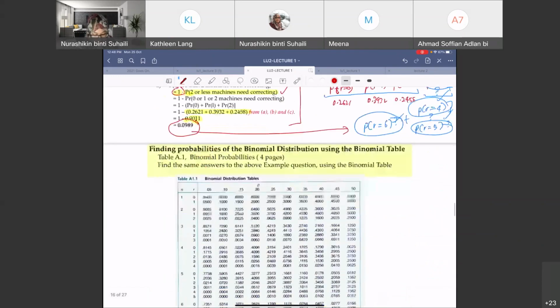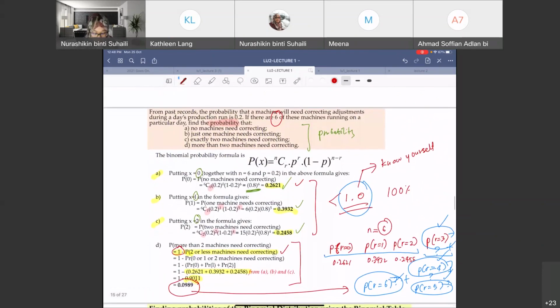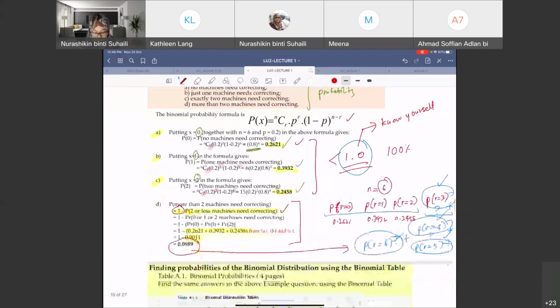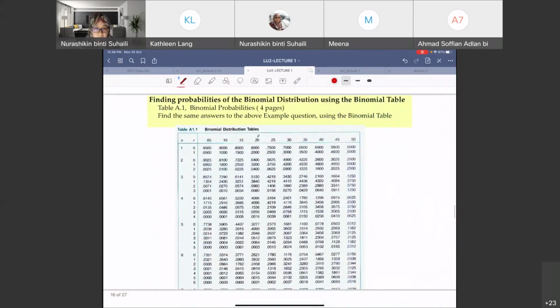Okay, another way, this is based on the formula, right? We apply this formula, we solve it, to find this answer. Apart from the formula, we can also use a table that has been created by statisticians. How did they create this table? They created this table based on the formula. They came up with a formula first, and after that, they found the values for whatever the situation is, and put them in the table. It's actually to ease us, so that we don't have to use the formula.